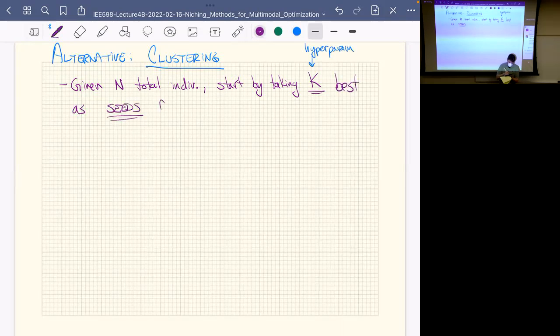So basically seeds for K clusters. Or we can think of them as centroids of these clusters.